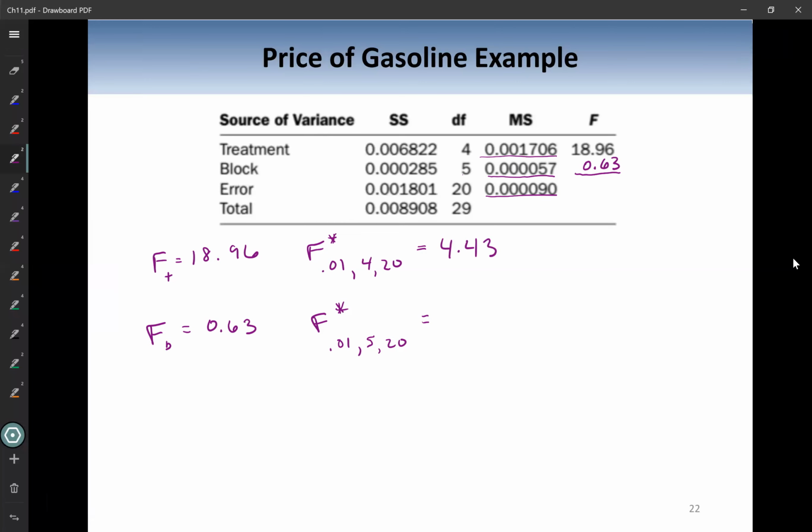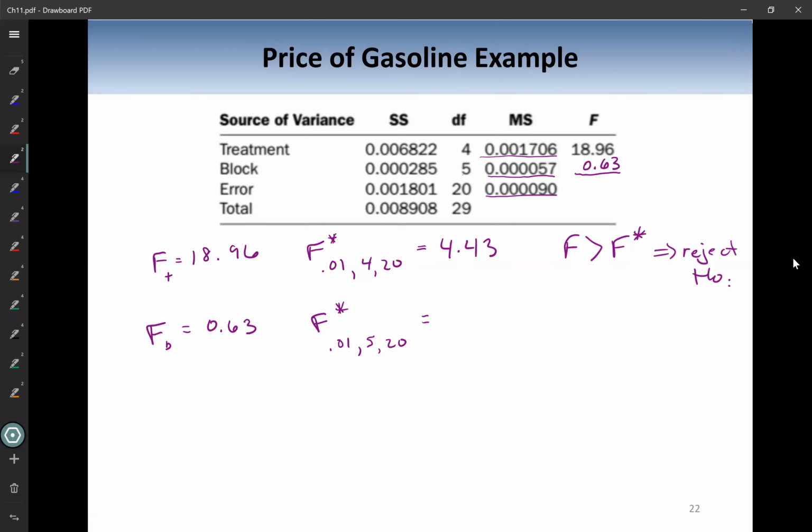So you can see that F is greater than the table F. So the observed F from the data is greater than the critical value from the table. So then we reject the null hypothesis. The null hypothesis was that the 5 treatment means, the true means, were equal, and we're going to reject that. All right, so that means the test is statistically significant.